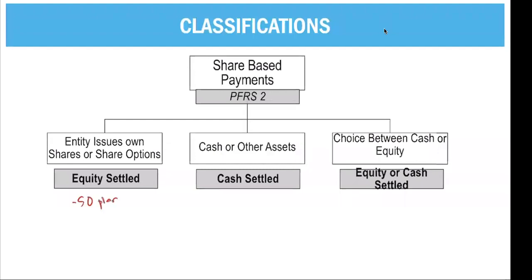And if you will issue cash or other assets, it is known as cash settled. This is based on your stock appreciation rights, so you have a liability out of the value of your stocks. And it can also be a hybrid of cash or equity settled.